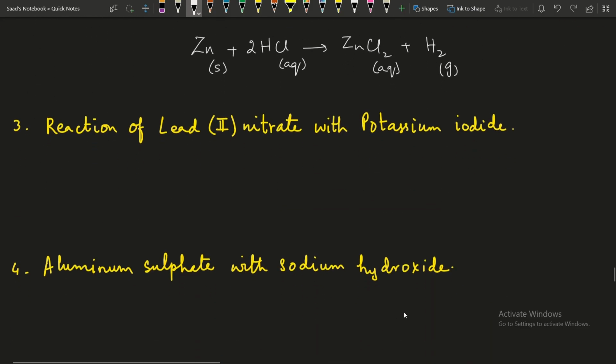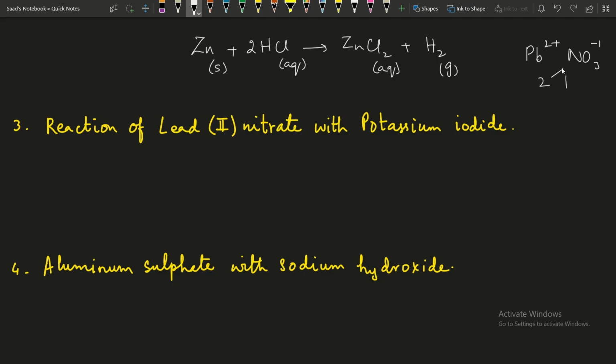Next is the reaction of lead nitrate with potassium iodide. Before writing the equation for this reaction, I need to know the chemical formulas for lead nitrate and potassium iodide. Lead(II) means it has a charge of positive 2. Nitrate is negative 1.